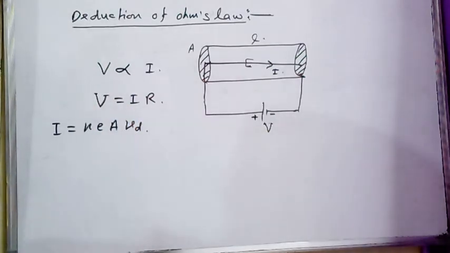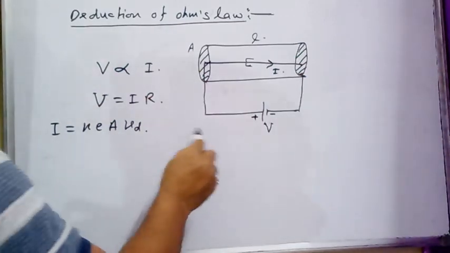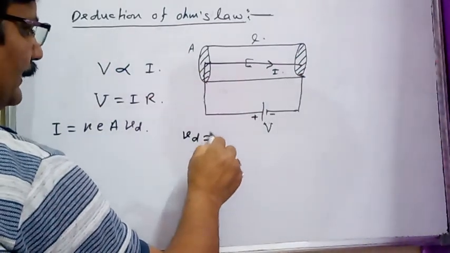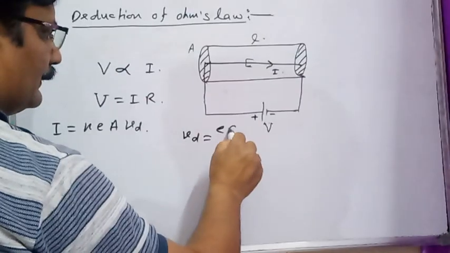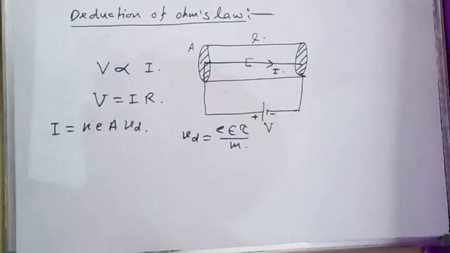This is the relation. Now, the value of the drift velocity vd is numerically written as E tau by m.